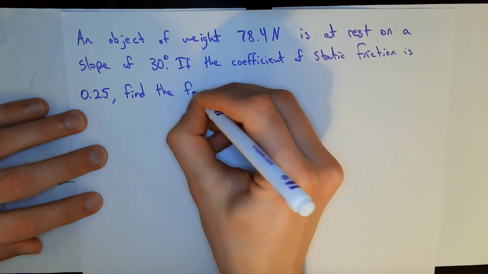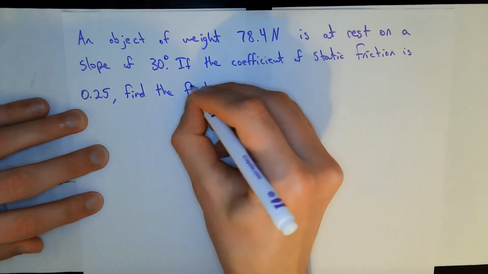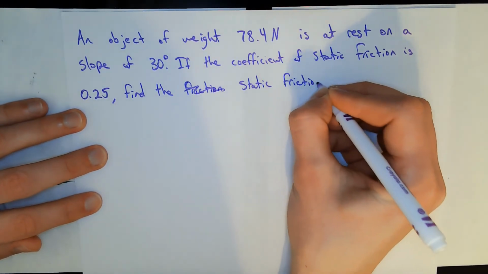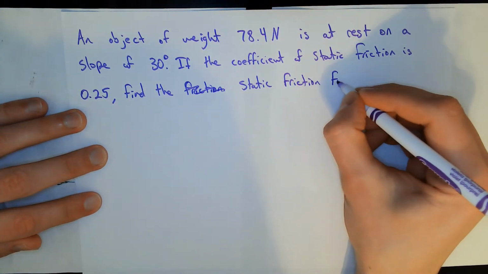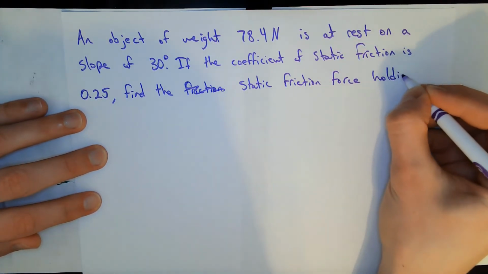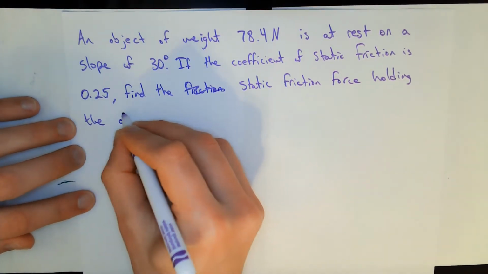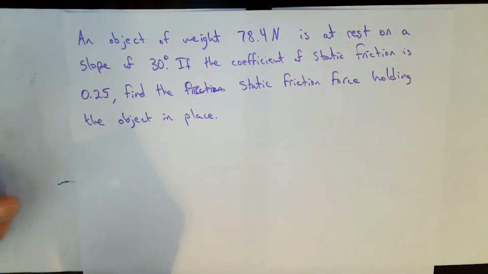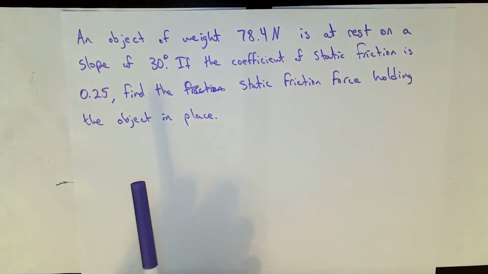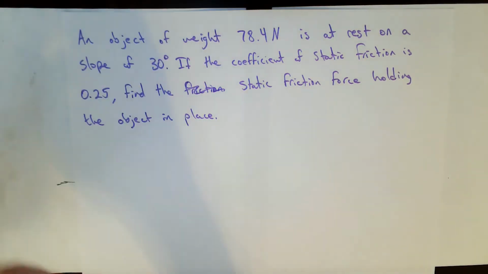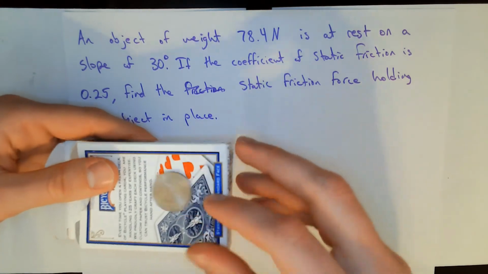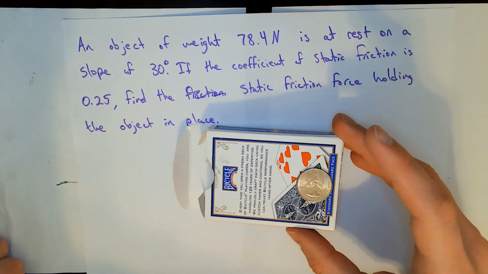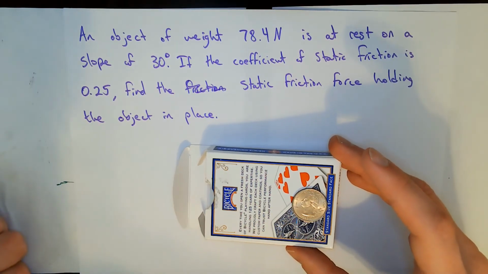Find the friction force, static friction, of course, things at rest, the force holding the object in place. So we have some object on a slope of 30 degrees, and it's being held in place by static friction, and we want to know how strong is that static friction, right?